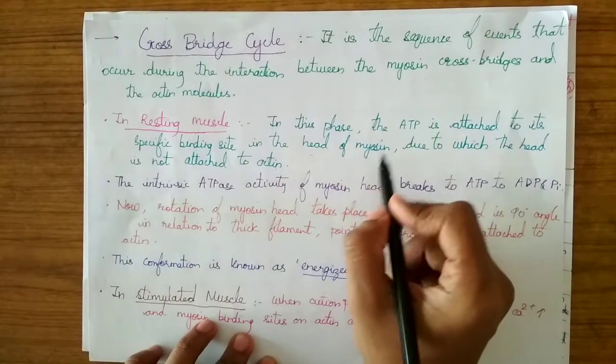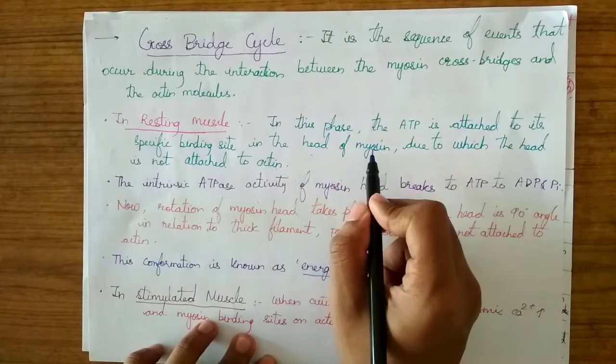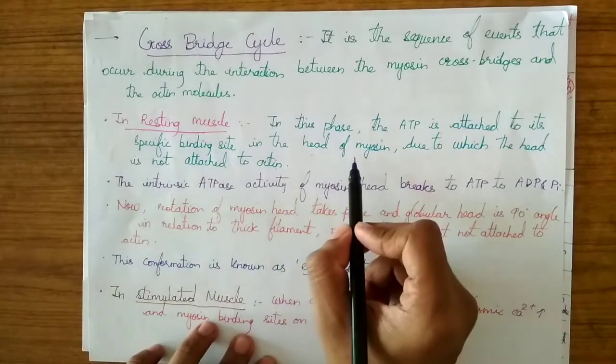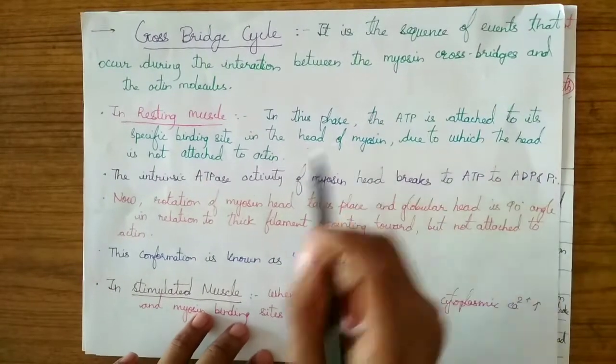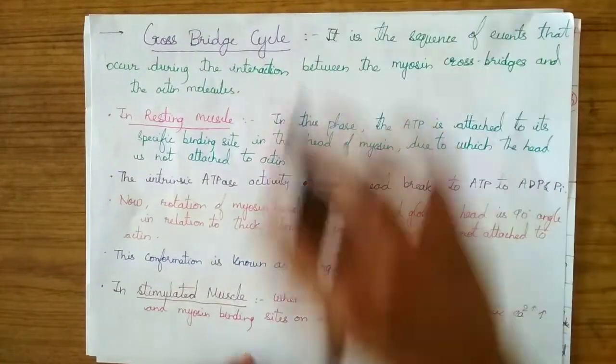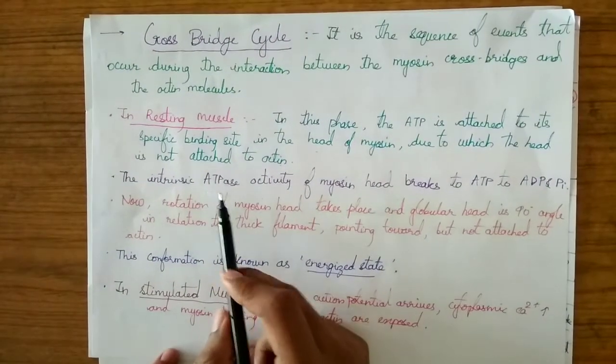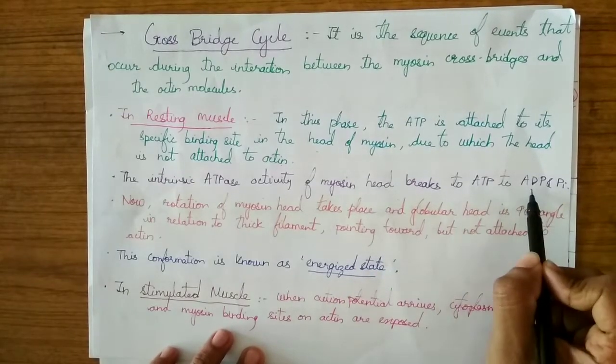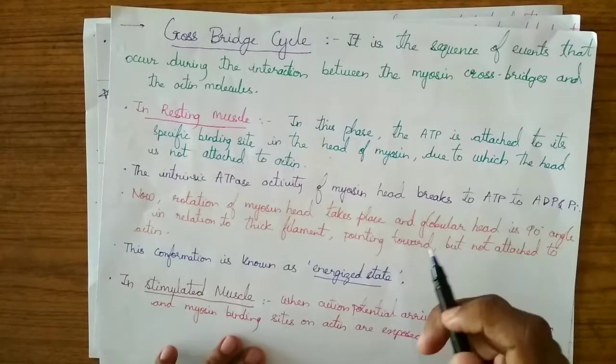So as you know that myosin head contains sites for binding of ATP and actin. So when the ATP is bound to the head of the myosin, it is not free to be attached to the actin. Then the intrinsic ATPase activity of myosin head breaks the ATP to ADP and phosphate molecule.